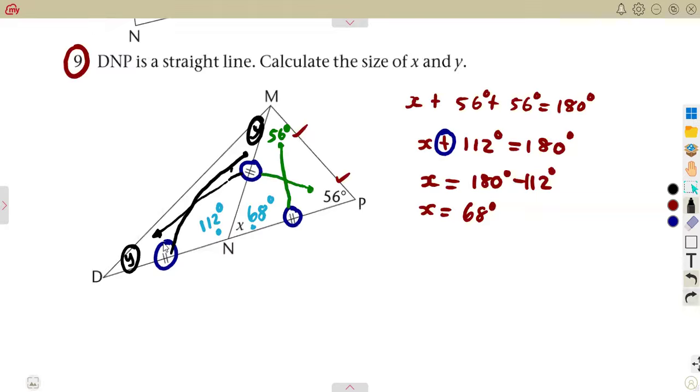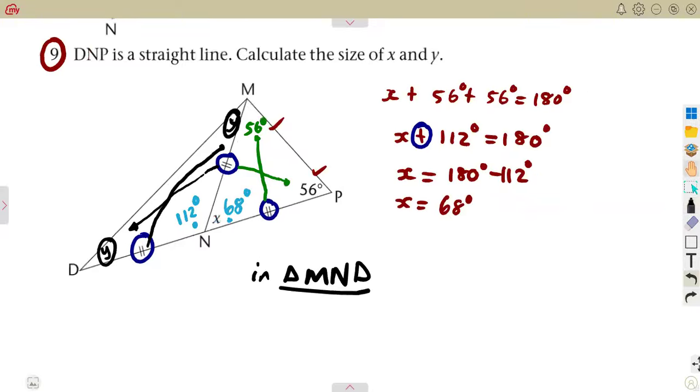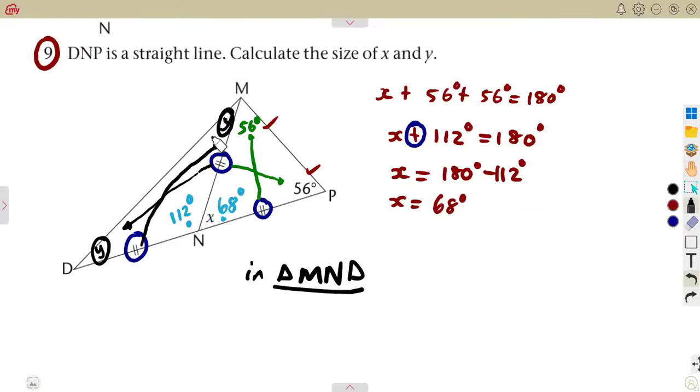So thus in this triangle, in triangle MND, we are going to form an equation, just like here. There we have y degrees plus at D, which is y degrees, plus the 112.